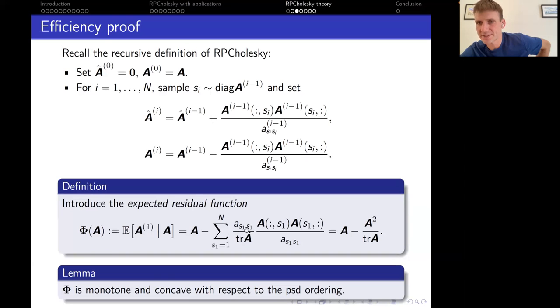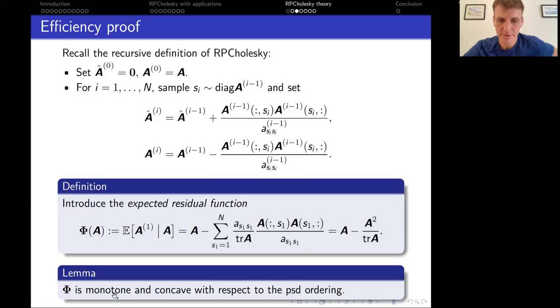So the expectation, we sum over the probabilities, we multiply by the rank 1 matrix that gets taken away, and we notice a cancellation between a numerator and denominator term, so that the expected one-step residual is A minus A squared over trace A. A matrix-valued function with a lot of nice properties.